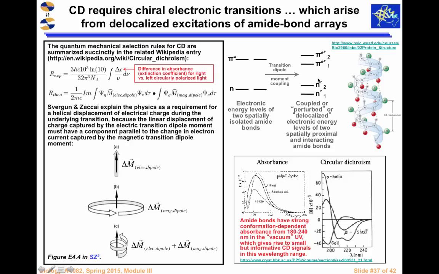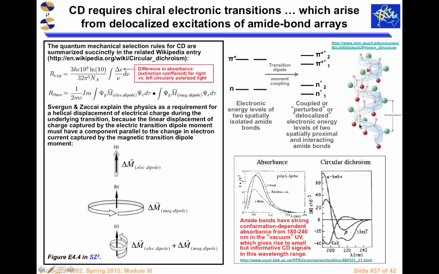To oversimplify slightly, this pi star orbital in one amide bond will have a different energy level depending on whether the nearby amide bond is in the n or the pi star state, because there's a different electric dipole moment in the n versus pi star state, and one will be higher than the other, and therefore that'll cause a splitting in these energy levels. So basically, this is called coupling or perturbing or delocalization of electronic energy levels. And when you bring two amide bonds together, you get a doubling in this way.